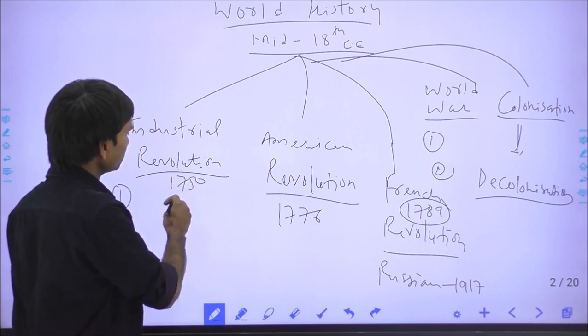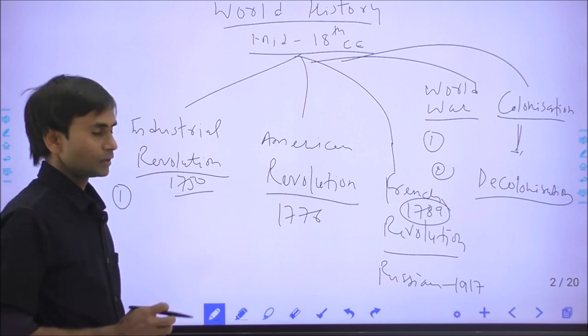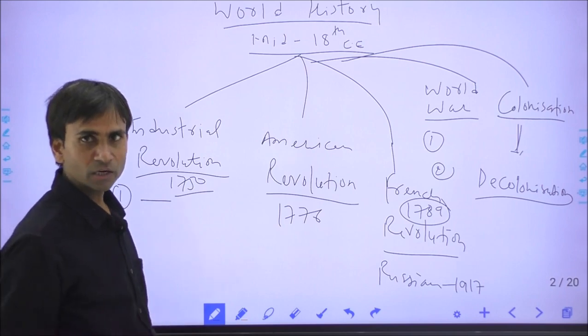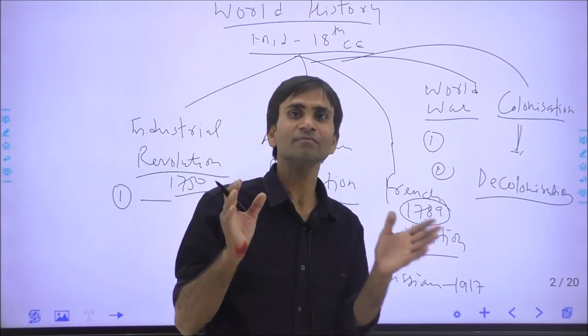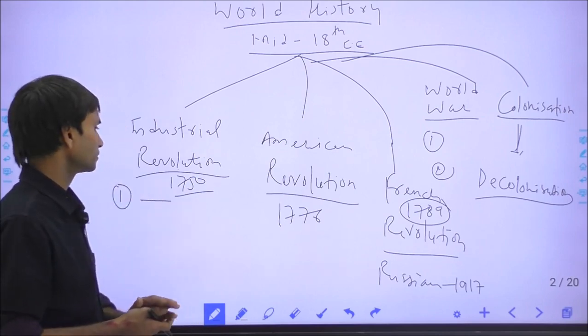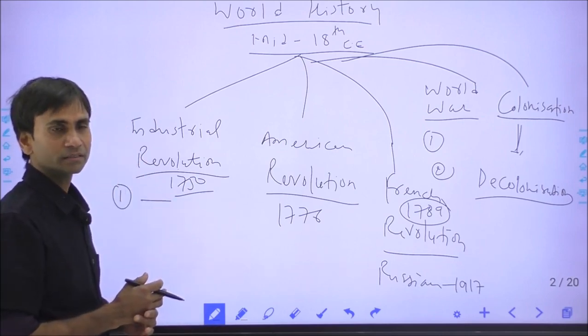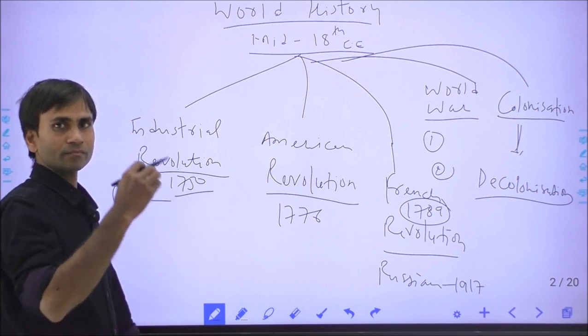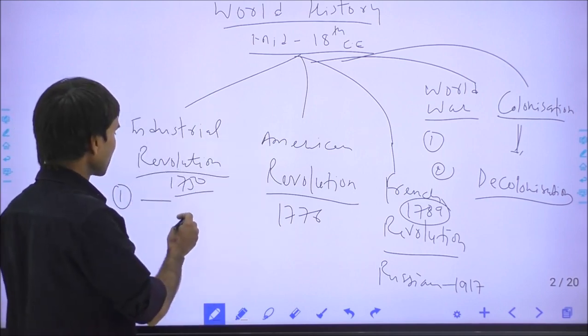Since 1750, the first Industrial Revolution took place in England. Then you have to find out the important reasons why it started from England, then in other parts of the European continent, and it started after some time in Japan.